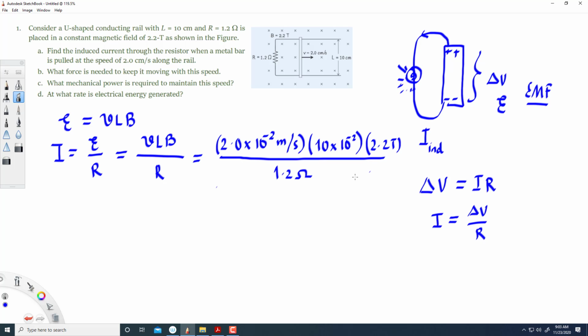And if you do that, you get an answer. Can you guys do the calculation and tell me the answer? 3.7 times 10 to the negative 3 amperes. That's the I induced.